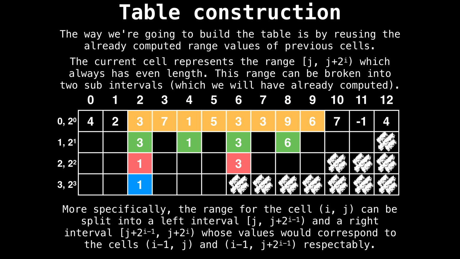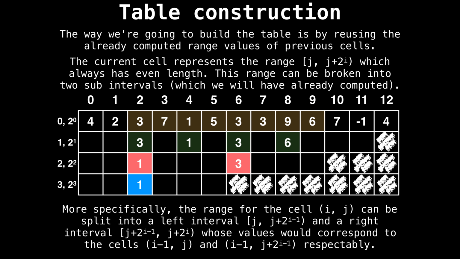You will notice that the interval for each cell always has an even length. This means that the interval for the current cell can easily be broken down into a left and a right interval, or rather a left and a right cell. Suppose we want to know the value of the blue cell.